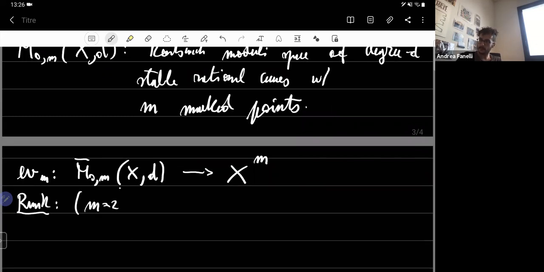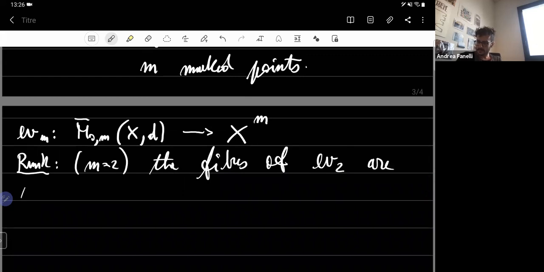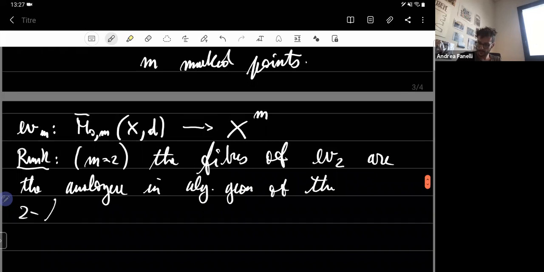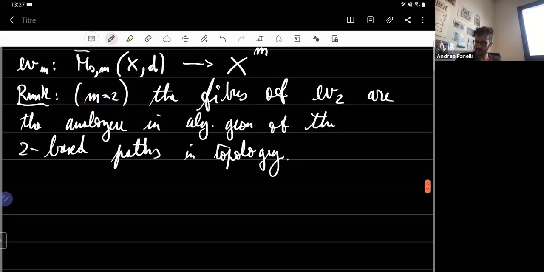In the case m equals 2, the fibers of this evaluation map are exactly the analog in algebraic geometry of the two based paths in topology. So you see, we need to ask some kind of rational connectedness of the fibers of these evaluation maps. This is the point. And let me finally give you this definition. It's a long introduction. Definition.